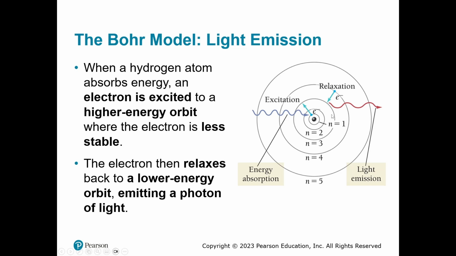And so what Bohr was able to figure out was that if you add energy to an atom and it's able to absorb that energy, the energy is going to be directly absorbed by the electron, and it's going to be excited. However much energy is absorbed is exactly equal to the change in energy of that electron, or the excitation energy of that electron.